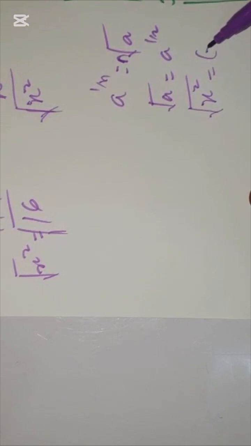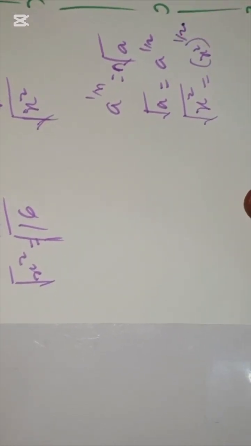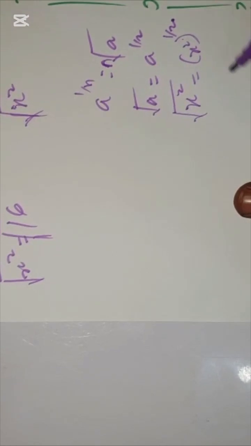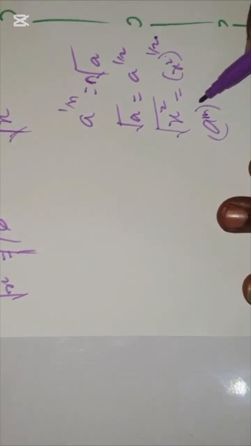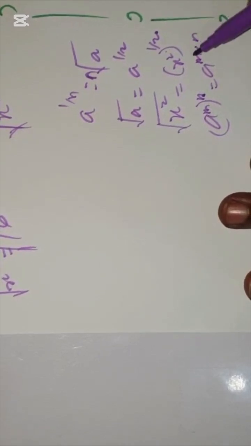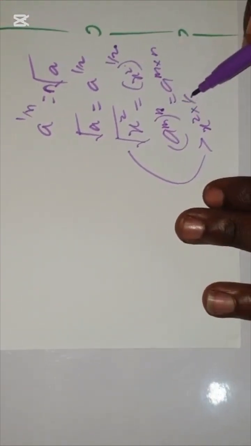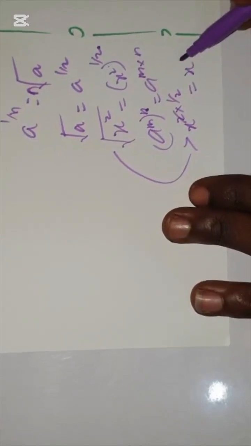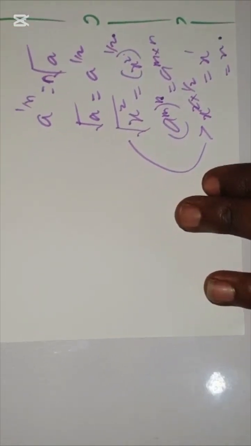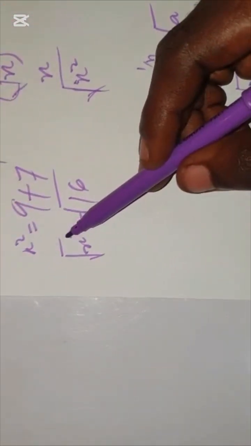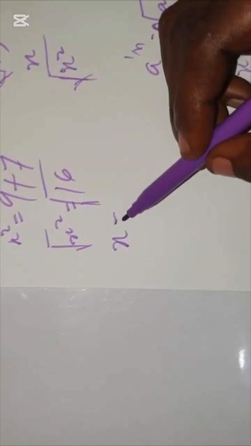Since this is a square root, it's to the power half. And another law says that when you have a to the power m, to the power n, it is a to the power m times n. So this becomes x to the power 2 times half, which gives us x to the power 1, which still gives us x. So that's why you have to square root. So this gives us x.